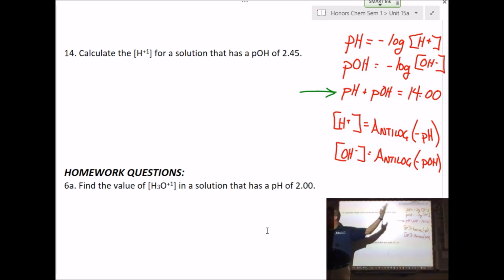We already had the pOH, so we don't want to find it. We found it. It's right there. So you want to do pH plus pOH equals 14. So what you're telling me is you want to find the pH first. Is that what I'm hearing? I want to clarify. You already have the pOH. I want to find the pH, right? Because I'm looking for the hydrogen concentration.